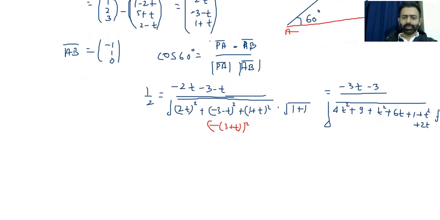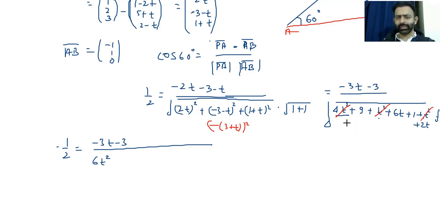Let us quickly simplify this. This is 1 upon 2 equal to minus 3t minus 3 over the denominator. Let us cross multiply. First, let us simplify the denominator: 4t square and t square and t square is a total of 6t square.